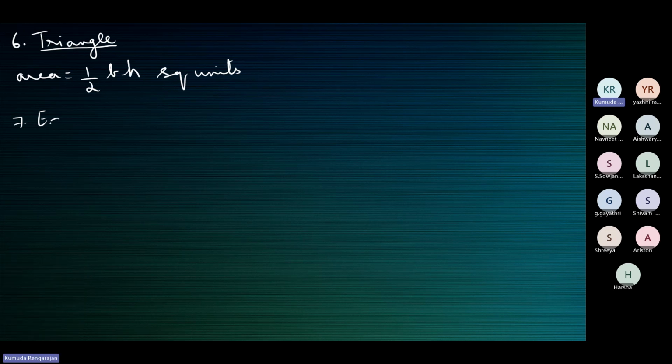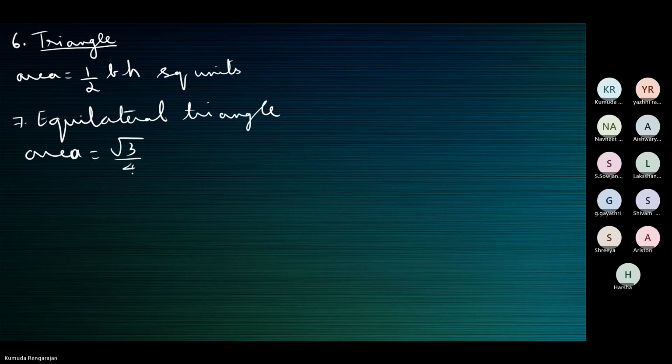Now, if it's an equilateral triangle, then the formula to find the area is equal to root 3 by 4 into a square, or into side square. Root 3 by 4 into a square, square units.